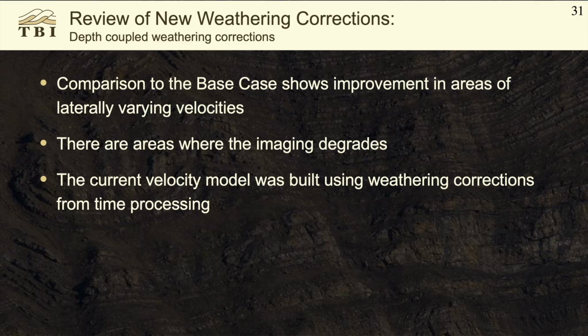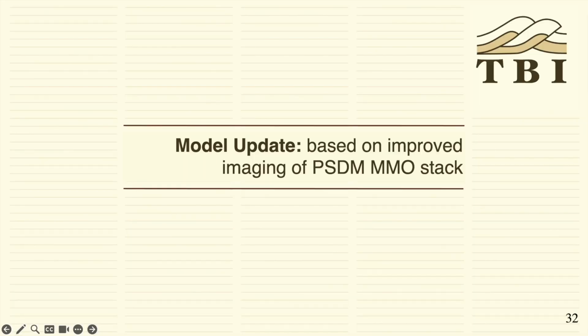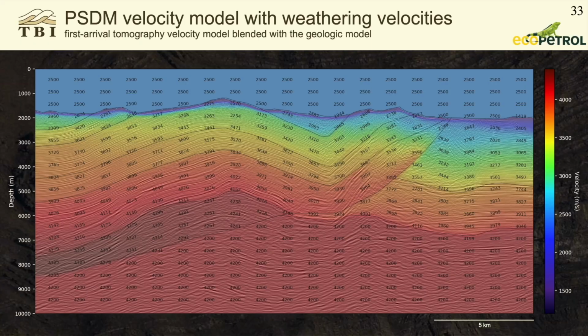So our velocity model itself is coupled to those time processing weathering corrections. We now want to update our model based on the improvements and degradations resulting from the new weathering corrections. The biggest advantage of this workflow is we're able to update our velocity model based on the improved imaging we see from these weathering corrections in our PSDM MMO stack.